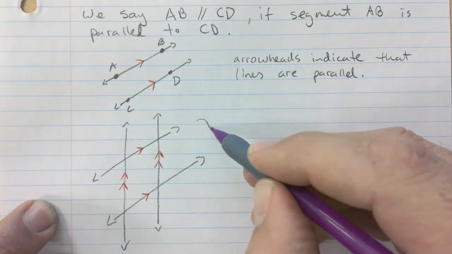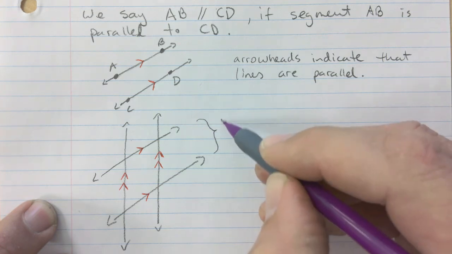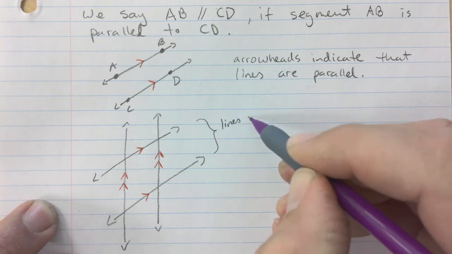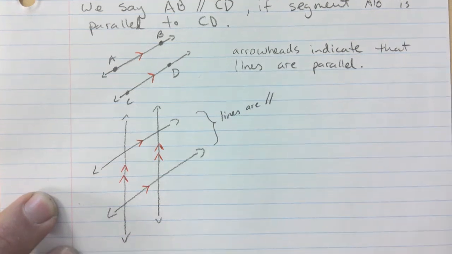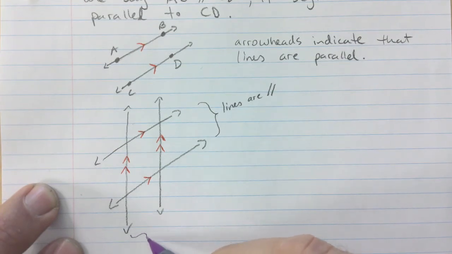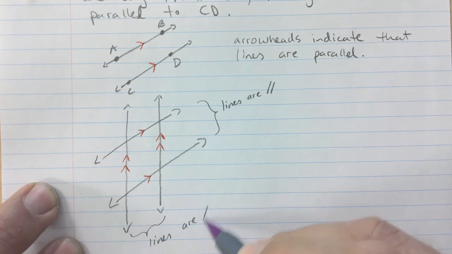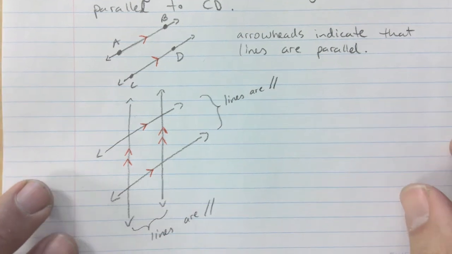So you would essentially say that these lines are parallel, and you could also say that these lines are parallel. But don't always assume that they're parallel.